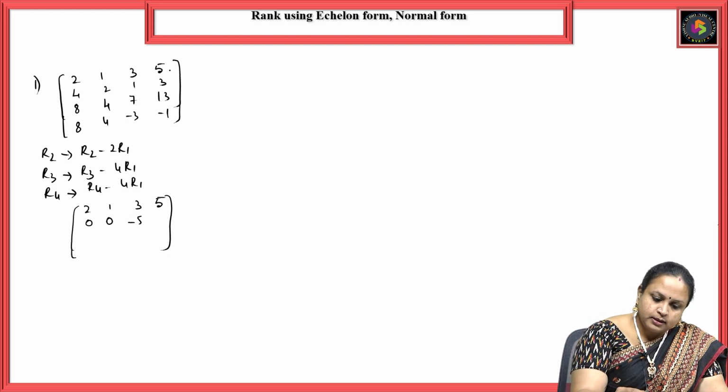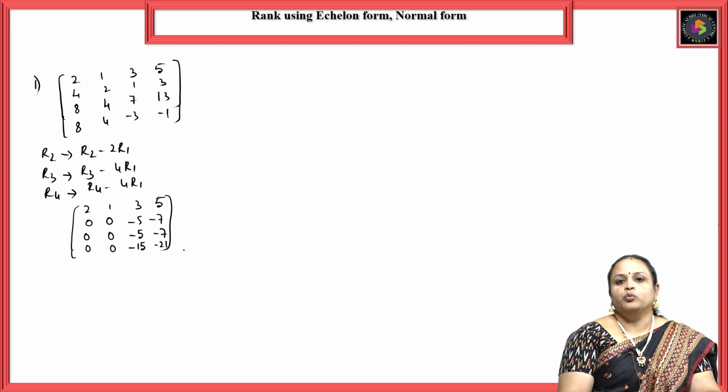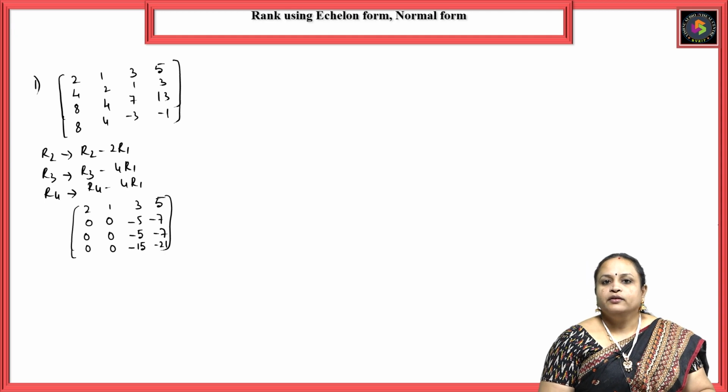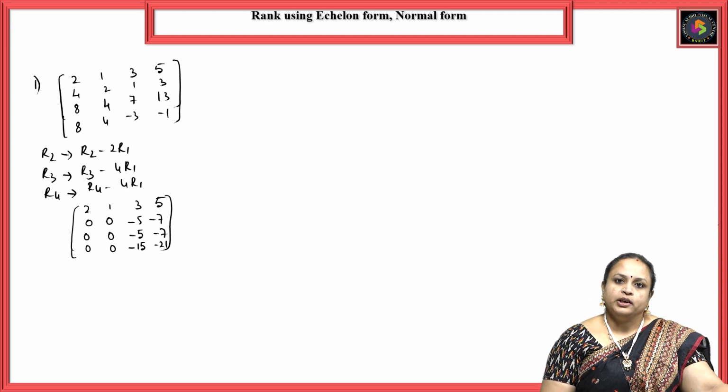Then 3 minus 10, that is minus 7. Then the second row will be 0, 0, minus 5 and minus 7. And the last row is 0, 0, minus 15 and minus 21. So this is how we are getting after applying the elementary row operations.